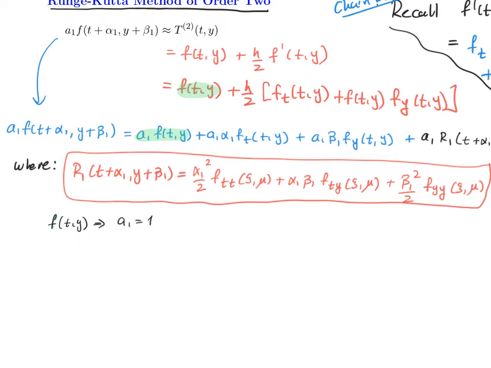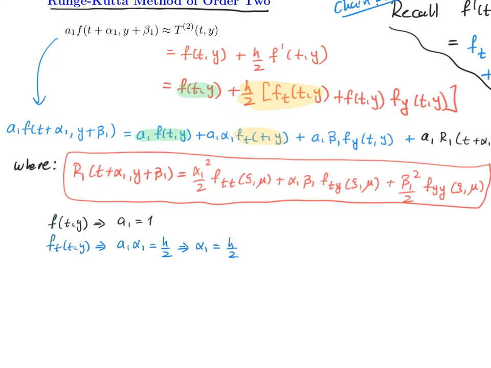If we do the same thing with the partial derivative with respect to t, which you have in here, then from this derivative, the a1, which you know is equal to 1, alpha 1 has to equal h over 2, which means that alpha 1 has to be h over 2.